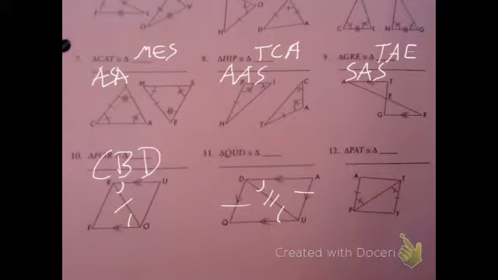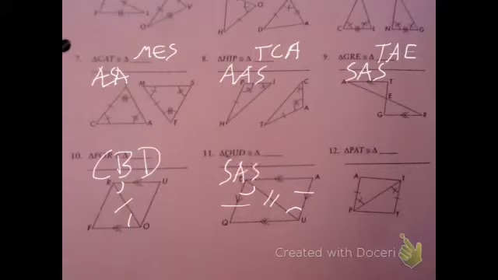Oh, we don't want those ones. Those are congruent, but also those two angles are congruent. And since you have that, you have side, angle, side, side, angle, side. These two guys are congruent by side, angle, side.